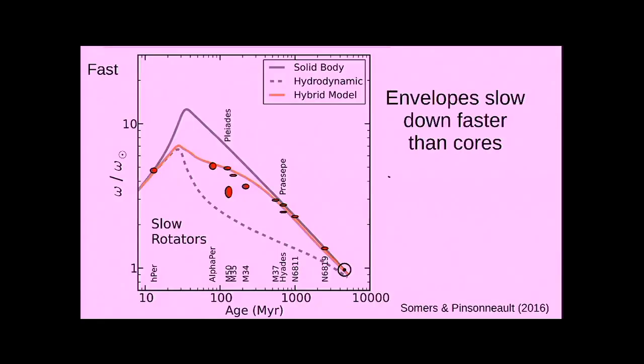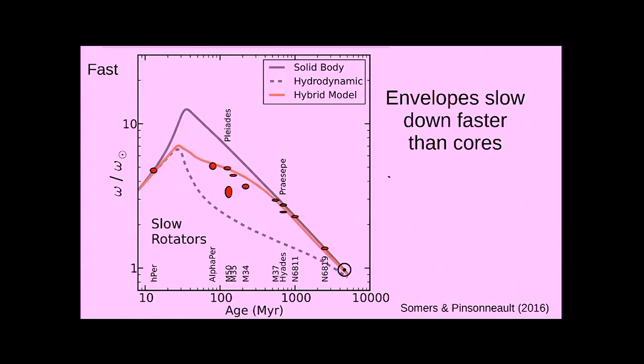And so one of the leading explanations for what's happening here is this star has a core that is fast spinning as it contracts down, but then gets decoupled from the envelope, at which point the envelope can spin down. The envelope can spin down, but the core is still fast rotating, and so can add angular momentum back.